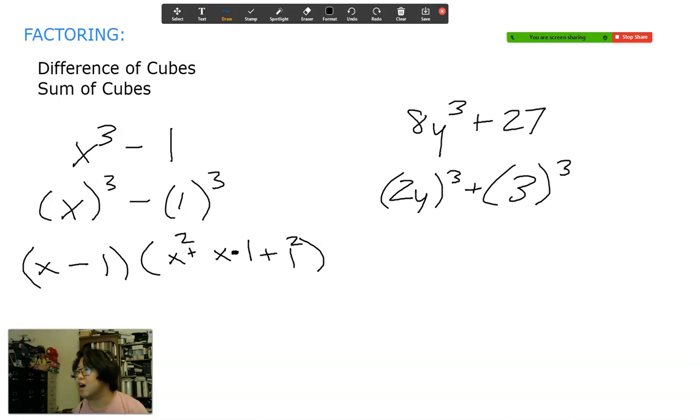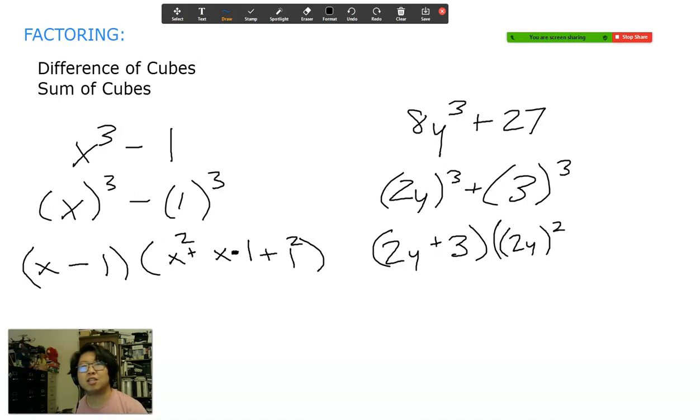Okay, I need to put them into my little formula. So the first little pair will have those two. Remember, it's plus up here, so just copy that down in the first pair. Then I have something squared, the left one squared, so that'd be 2y quantity squared. Okay.